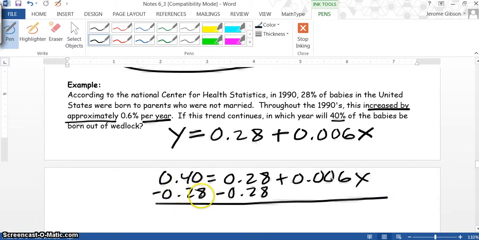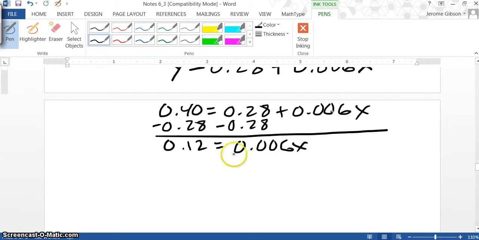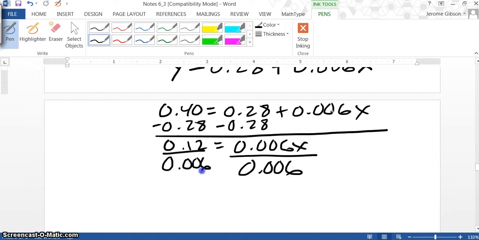So 0.40 minus 0.28 will give us 0.12. Now that equals 0.006x. Now we will divide each side by 0.006. And now, 0.12 divided by 0.006 is 20.